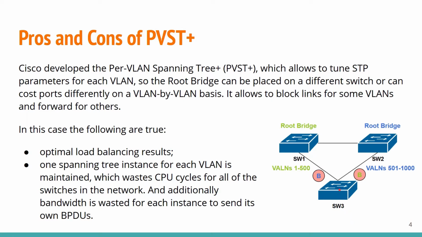In this example, we can see almost the same topology like on the previous slide, but now PVST Plus is configured and SW1 is a root bridge for VLANs from 1 to 500, and port between SW3 and SW2 switches is in blocking state for these VLANs, and SW2 is configured as a root bridge for VLANs from 501 to 1000, and port between SW3 and SW1 is in blocking state for these VLANs.